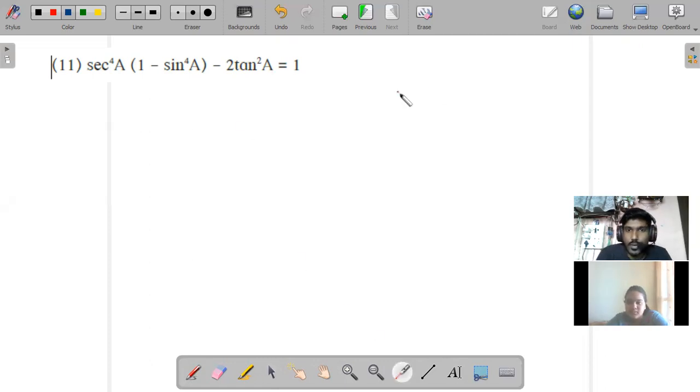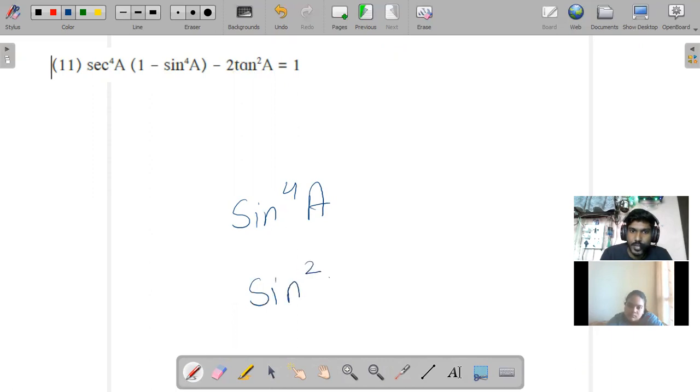Yes, I'll give you one hint. This sine raised to 4a, can you see here? This you write as sine square a whole squared. And then you may get the answer.